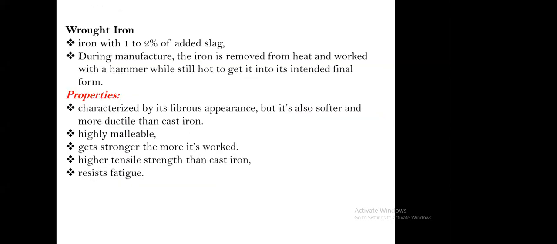Now coming to wrought iron. Wrought iron is generally composed primarily of iron with 1 to 2% of added slag, the byproduct of iron ore smelting, generally a mixture of silicon, sulfur, phosphorus and aluminum oxide.